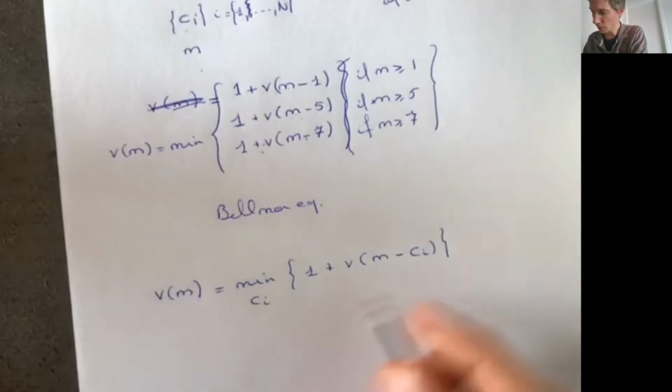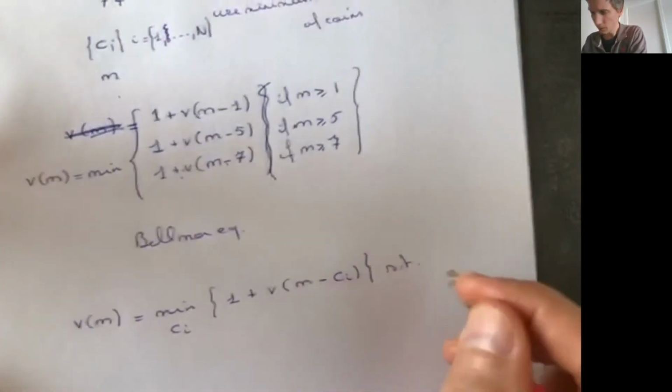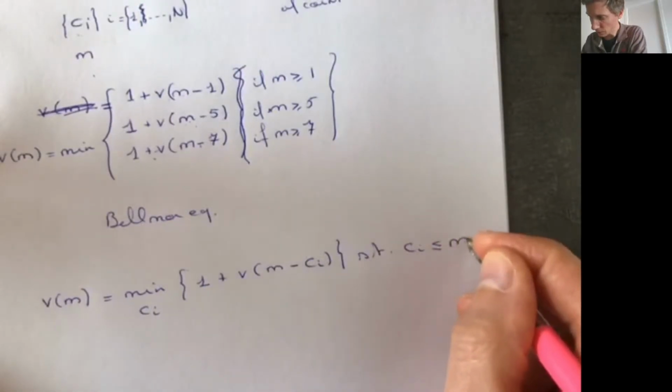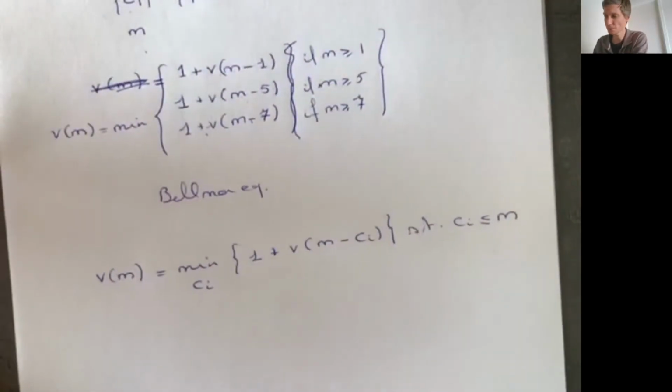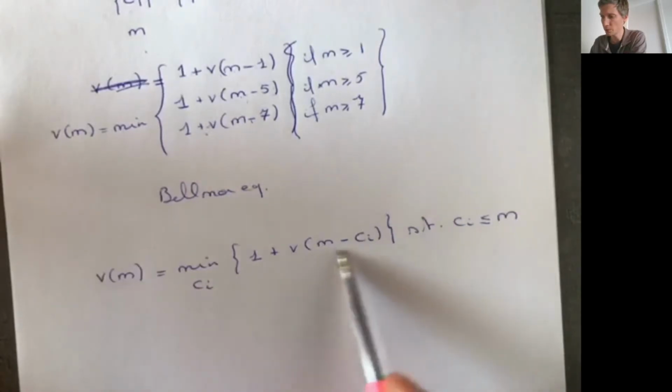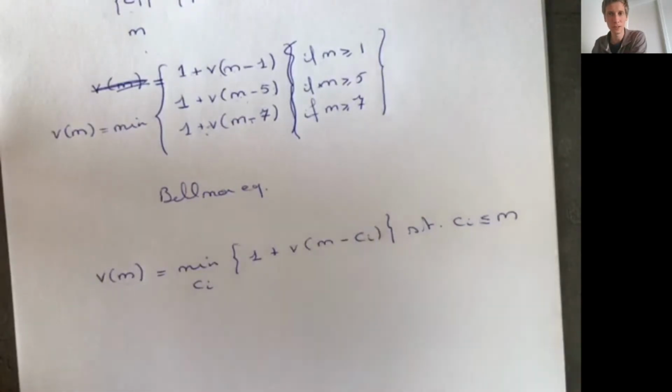And of course, I'm only going to look at the Ci's that are less than or equal to M. So this is my Bellman equation. It writes the problem of V of M in terms of smaller problems.